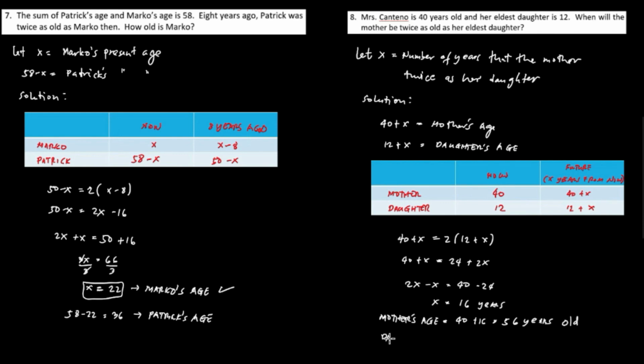While daughter's age, 12 plus 16, is equal to 28 years old. So therefore, mother's age is 56 and daughter's age is 28 years old. And these are the values.